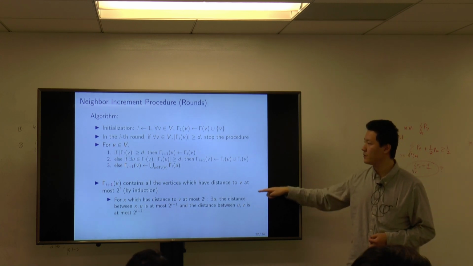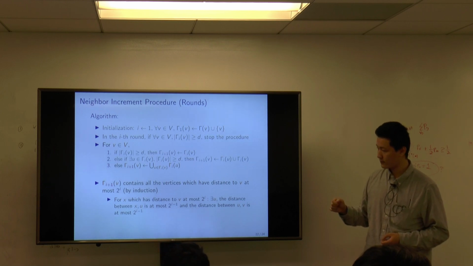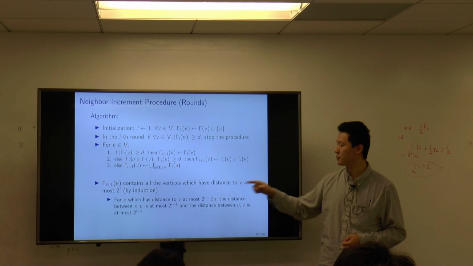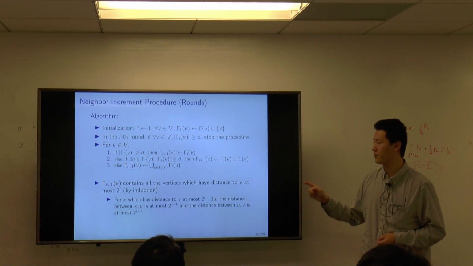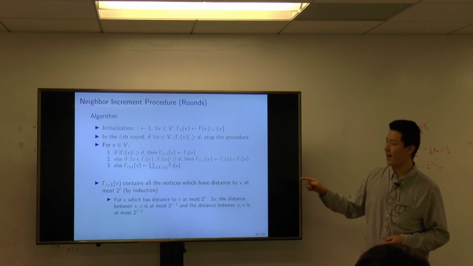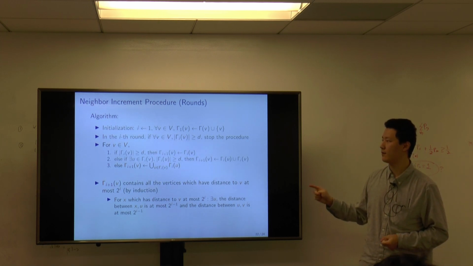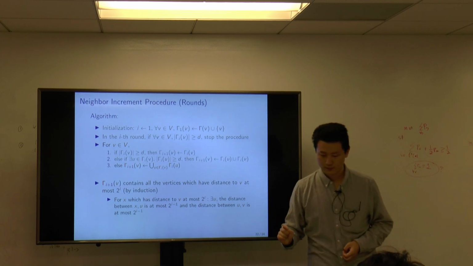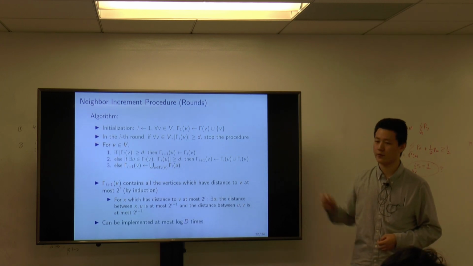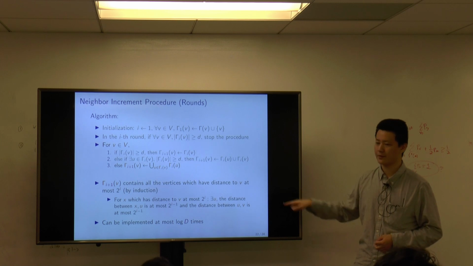So this vertex U should be in the neighbor set of V, and the vertex X should be in the neighbor set of U. After we do this broadcasting, the vertex X will be in the neighbor set of V. So this means that this procedure will take at most a log diameter number of rounds.